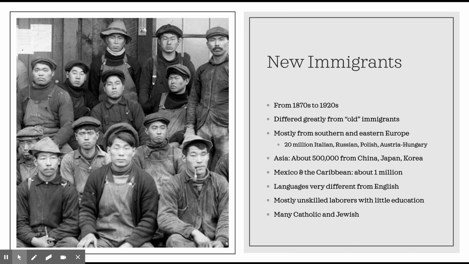And for those coming from Asia, many of them were Buddhists, which in the United States was a very rare religion to find. And these cultures didn't all adapt as easily in the United States. It wasn't as easy to find other people who were already in the United States who shared these beliefs, who spoke these languages. So it made it a much more difficult adjustment to life here for these new immigrants.